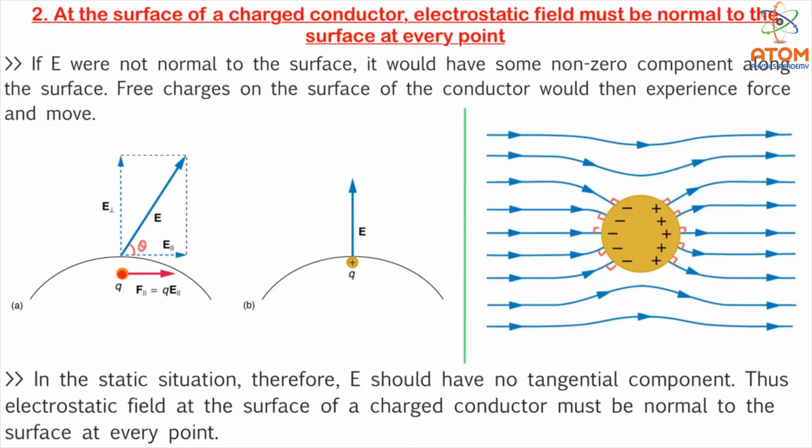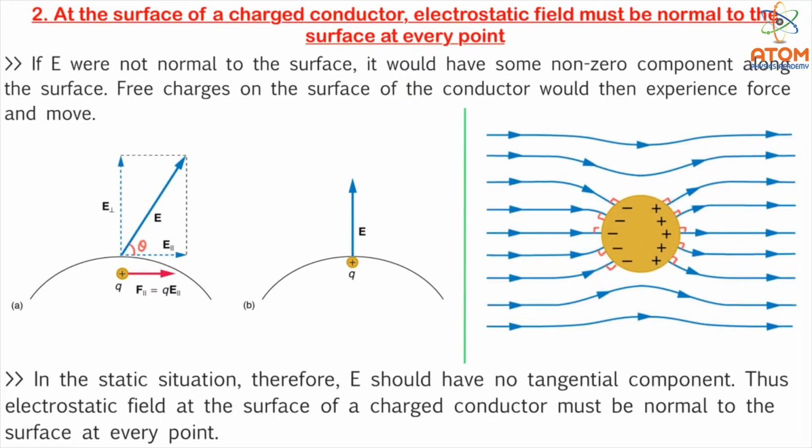So obviously this charge will not be static, it will be moving due to this force. F parallel is equal to Q E parallel, and in that case we cannot show this type of static charges, because every charge will be feeling some force, so all the charges would be moving.